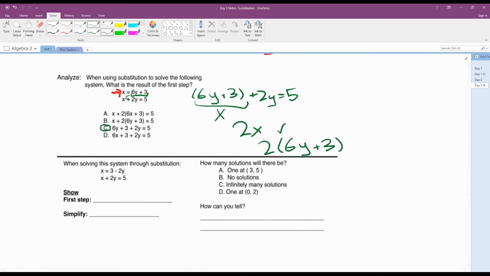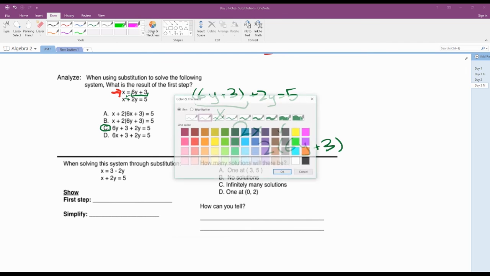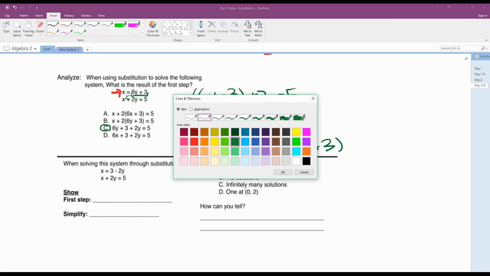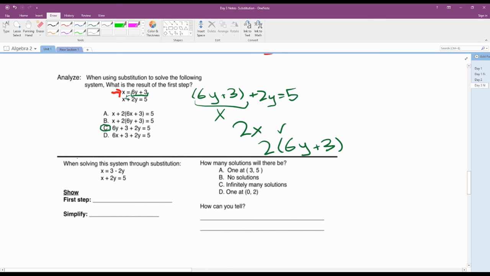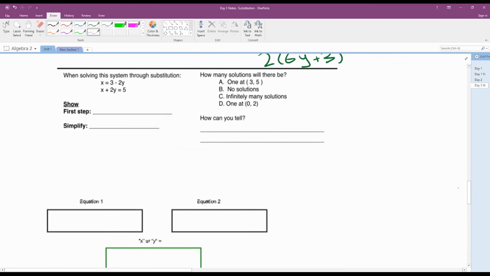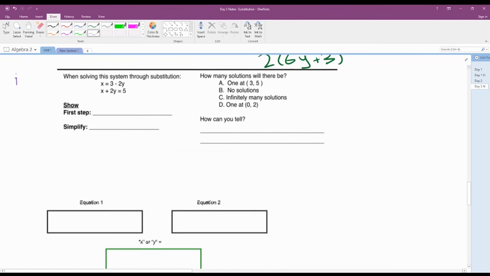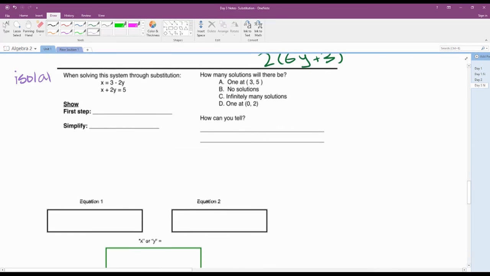All right, so let's work through our next problem. I want to use a different color. Okay. All right, so we're going to work through another system using substitution. Now we have x equals 3 minus 2y. So my first step, I need to isolate, these are vocab.